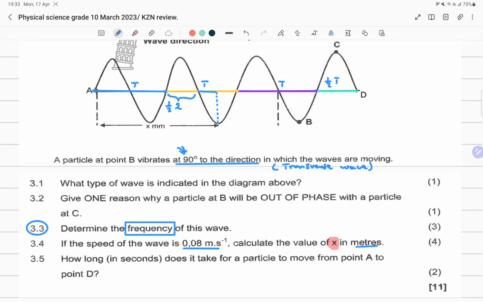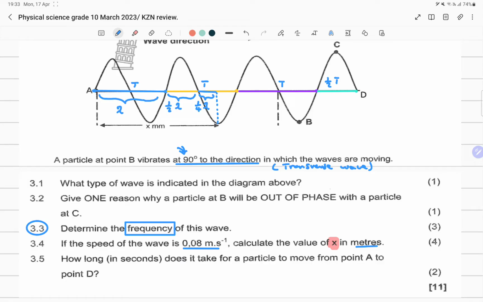So this distance right here is going to be a quarter of a wavelength if you think about it. And then here we've got a full wavelength.